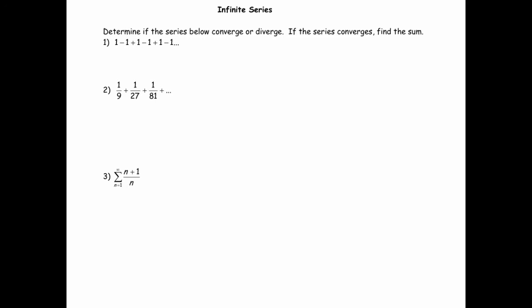In this video, we're going to analyze a few infinite series. The word series you should think of as being synonymous with sum, and a finite series would mean we're summing up a finite number of terms, but an infinite series is one in which we're determining the behavior of an infinite sum, which seems impossible, but we kind of work around it.